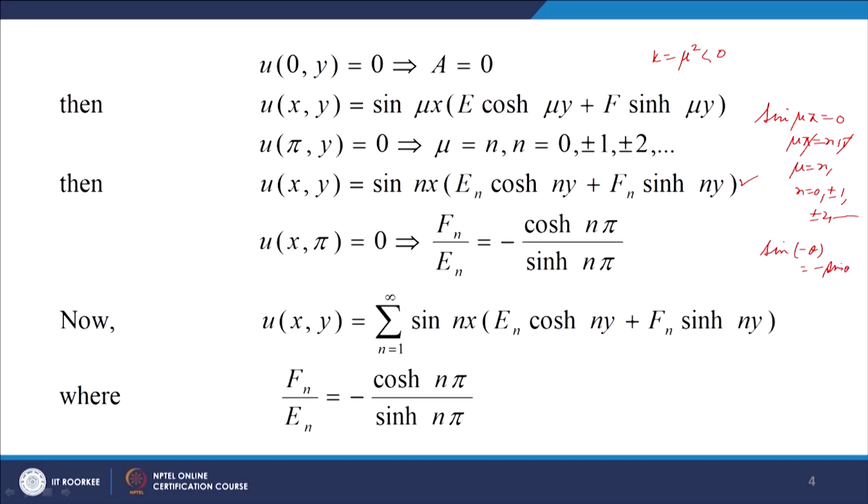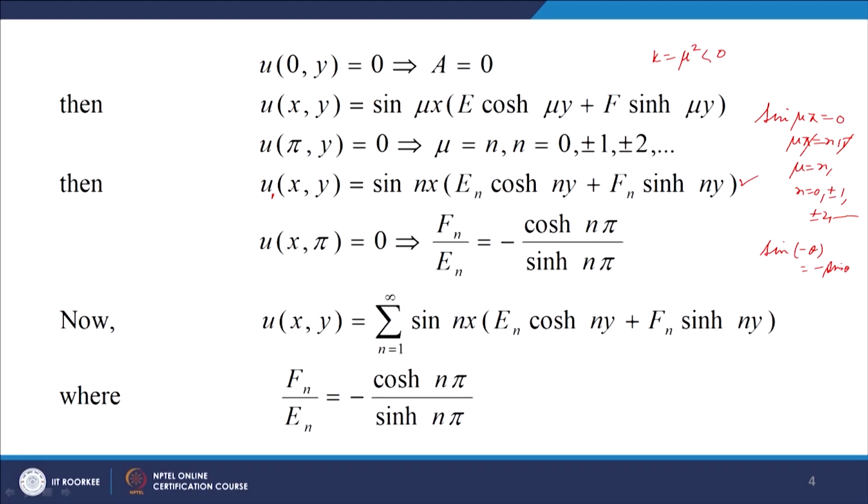So, negative values of n will not add any other solution, only the constants will be changed, they will be replaced by new constants. So, negative values do not give any new solution, therefore, we only consider n equal to 1, 2, 3 and so on.